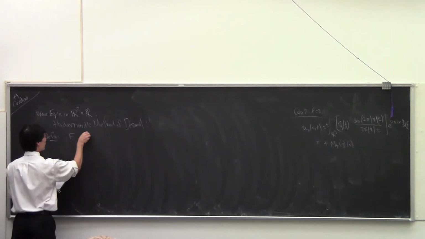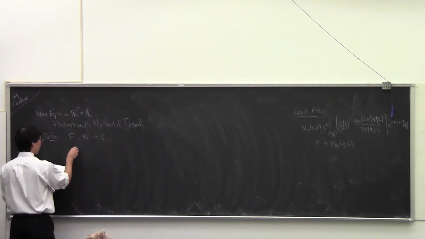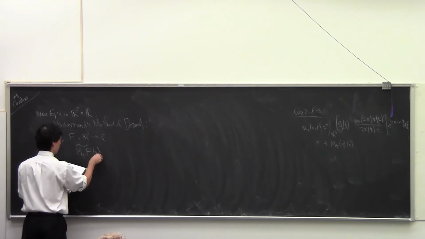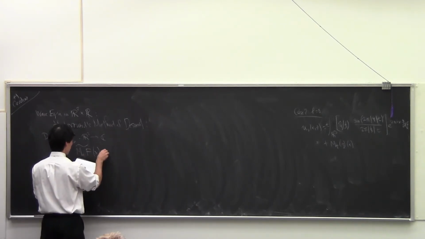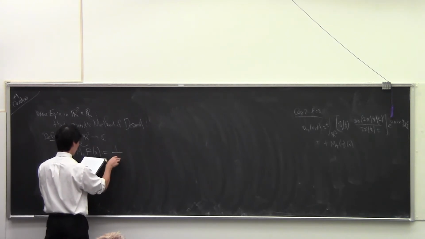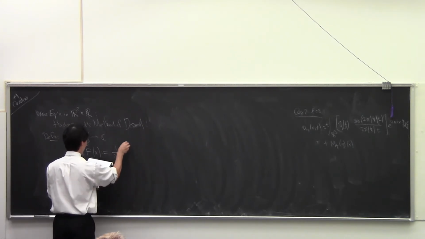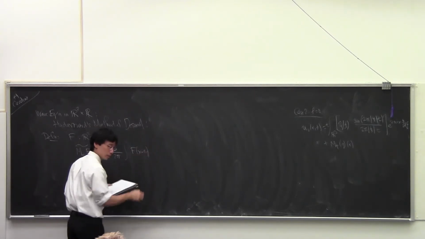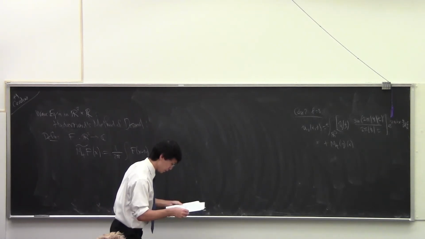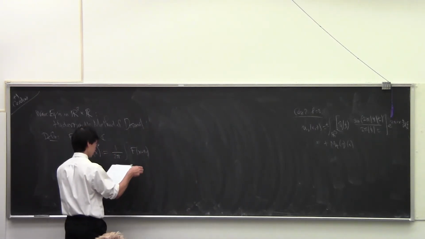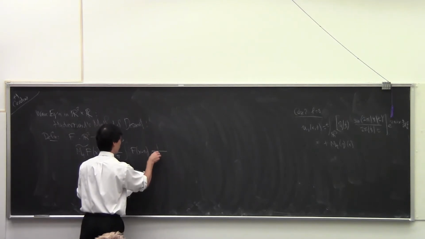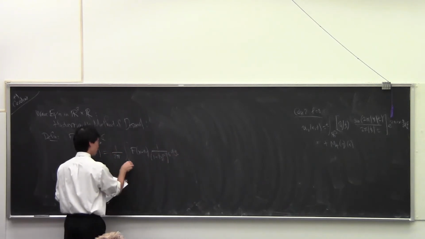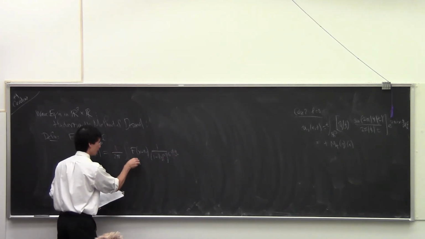Say f is a function on R2, and we define a weighted average. This is not the same average as before. It's going to be 1 over 2pi, f of x minus ty, over 1 minus the absolute value of y squared, integrated over the disk of radius 1.